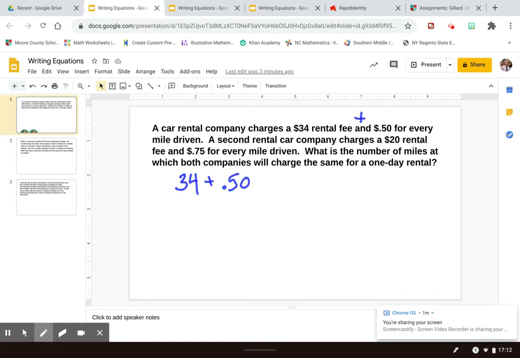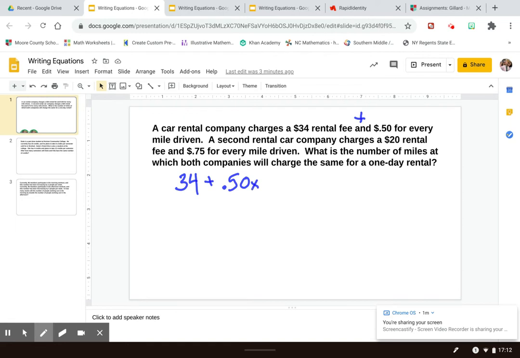Now, what I need to determine here is which one of these numbers is going to have a variable attached to it. So if you look at $34, which is never going to change, and 50 cents for every mile driven, it's pretty clear that 50 cents is going to change no matter what miles we drive.